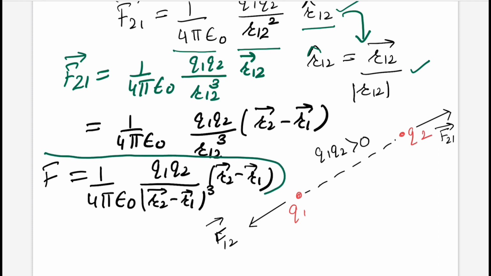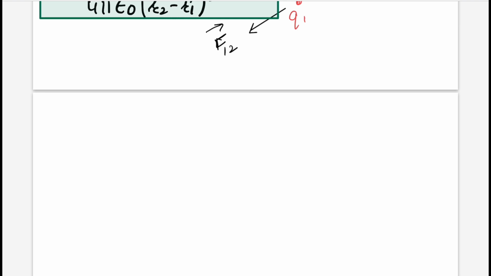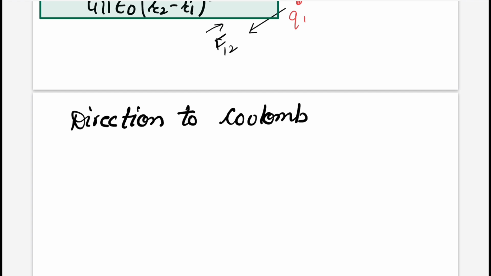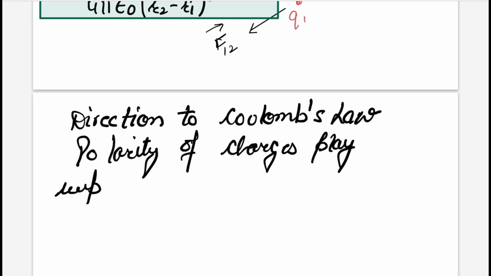I am going to highlight it. So this expression is the Coulomb law in vector form, right? Now, as we have talked about the direction in this article, so as we have added the direction to Coulomb's law, the polarity of charges play an important role.